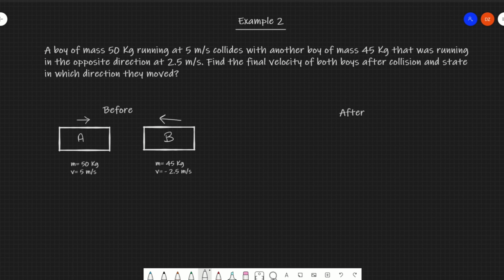After collision, the two boys collide with each other and they continue to move as one single body.